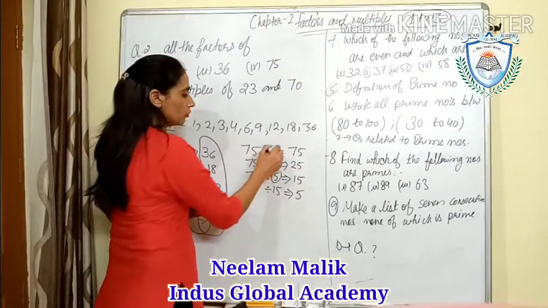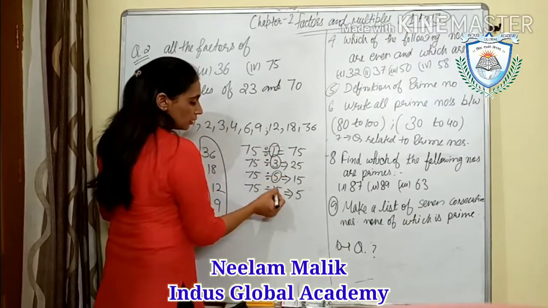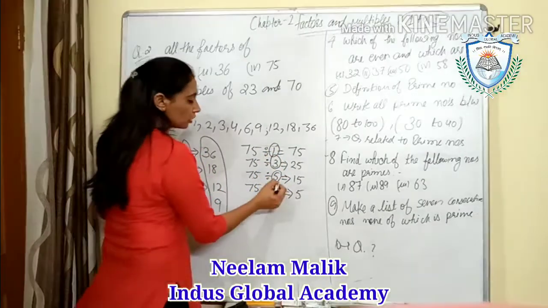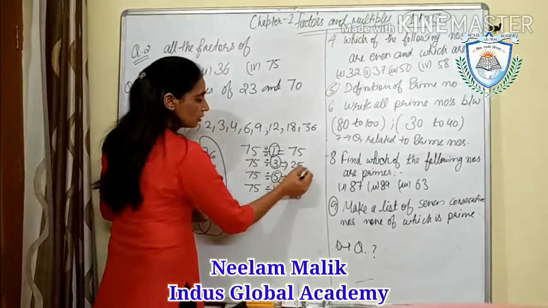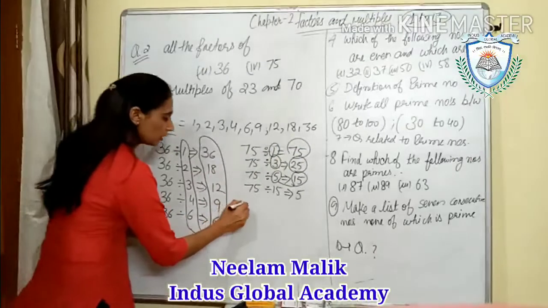We will not go further. So 1, this 3, this 5. Here is repetition. We will not go there. Okay. So after this is 15, then this, and then this. So what are the factors of 75?